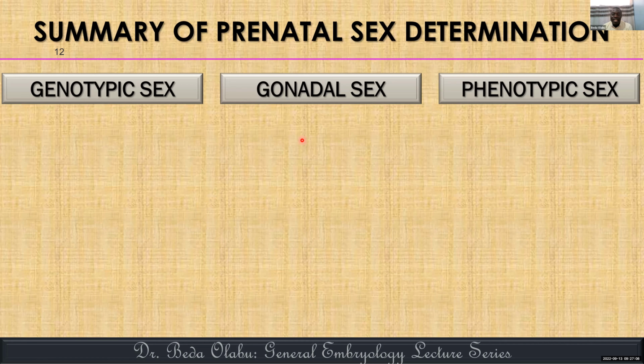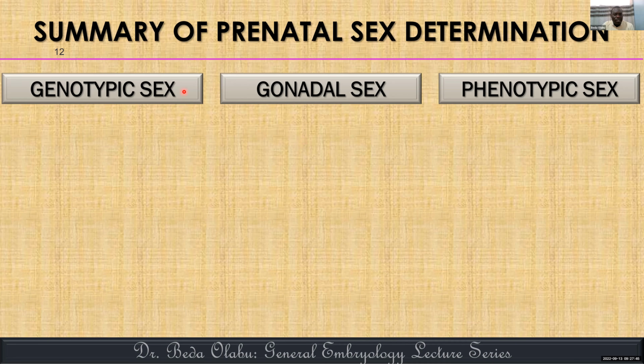And so there are 3 types of sexes that the fetus or the embryo displays. And they are established in sequence. One type of sex influences the next step of determination. So it is very strict, it is time dependent, very stringent, and one influences another, yet they are very different.